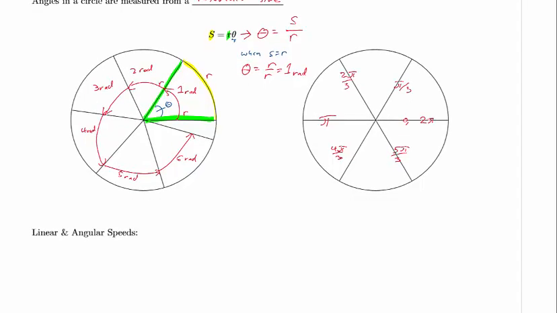All right, so now let's go ahead and move on. We're going to look at linear and angular speeds. So we're going to go ahead and write this as what an angular speed is. Well, that's going to be an angle per time. This dot simply means whatever our angle is as a per time.